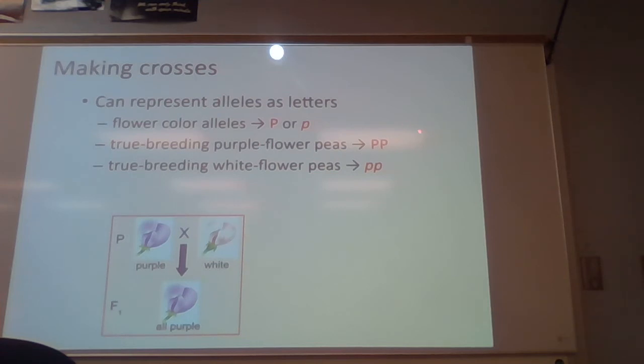So homozygous dominant. If we're a true breeding purple flower, we're going to have both dominant copies. If we're a true breeding white flower, we're going to have both recessive copies. Right? So we already talked about this. Anytime you cross a true breeding dominant with a true breeding recessive, all the F1 are going to be heterozygous, right?